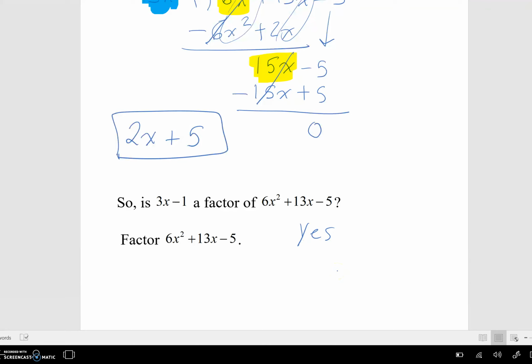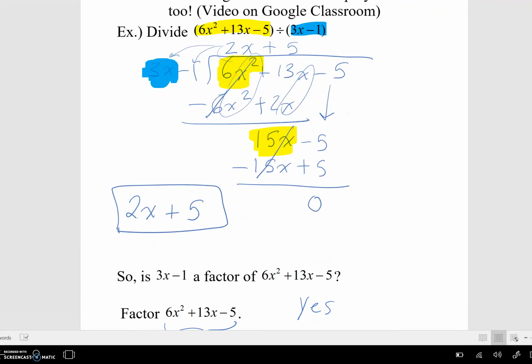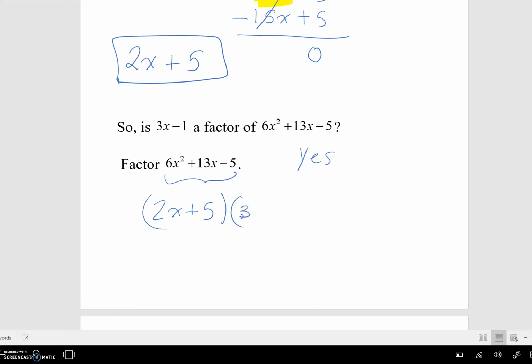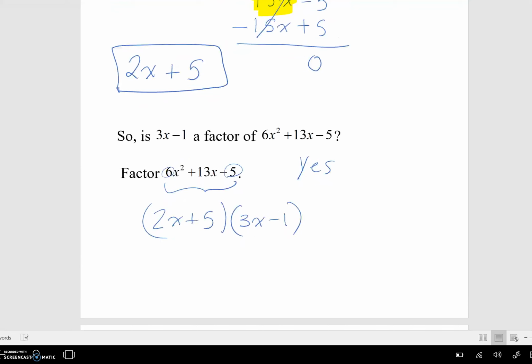And because we're able to divide these, I can factor this into 2x plus 5 and what our divisor was, which was 3x minus 1. And don't believe me, you can FOIL it out. You could have also done the AC method to see what that is, but this is just a preview of how to factor these. This was a relatively simpler one because it was a quadratic.